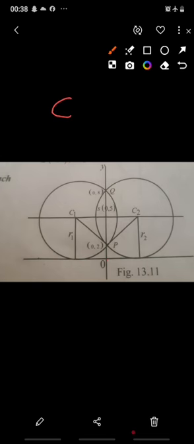Now, since we know point S, point P, and C, that is C1 or C2, we can clearly see that a triangle has been described, and that triangle is triangle PSC, where C represents C1 or C2.